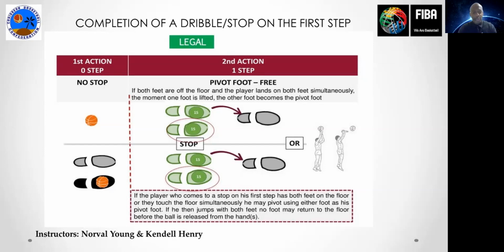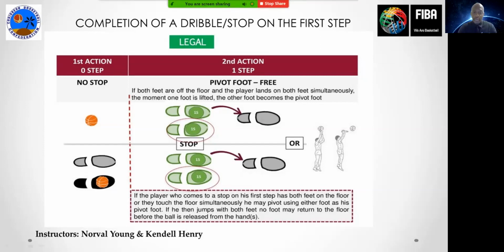If you lift your left, the right becomes a pivot. Hence, the next step would be with the opposite foot. Or you can try for a field goal or a pass once you have established that.